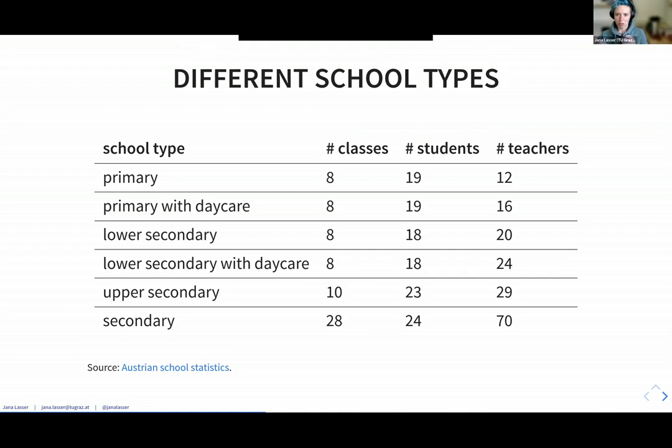And due to our education system, these school types kind of coexist with the upper secondary and lower secondary schools. Well, and each of these school types is quite different in terms of the average number of classes it has, the average number of students per class, and the average number of teachers. And this is incorporated in our contact networks.